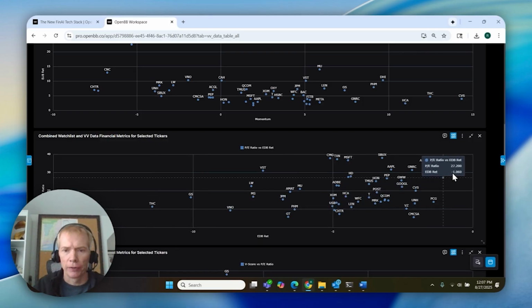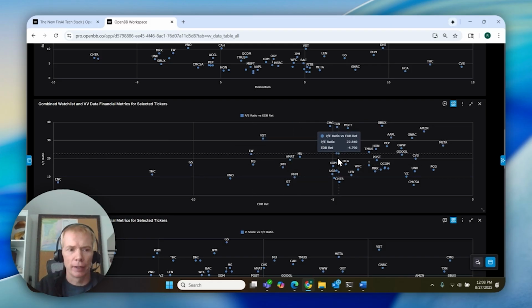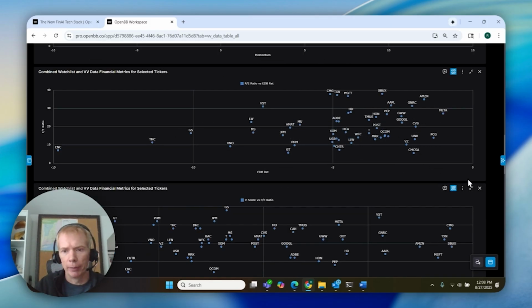Tickers with very high P ratios could be okay if there's a lot of growth, and if there's low downside, some of these can be interesting. Low P ratios and low downside, that could also be interesting. Maybe there's some growth issues, but maybe it's fully priced in at this point. But maybe it's the middle. That's kind of the safest area in terms of P's. And again, we see Micron right there, kind of in the middle.